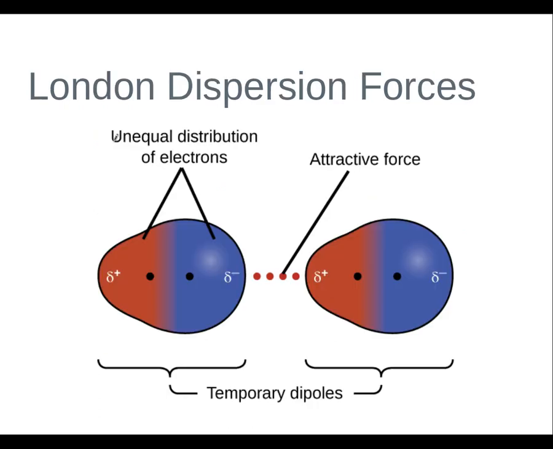But on molecules like that, the electrons do move around randomly, and they create temporary imbalances. So sometime in its existence, H2 might have the electrons totally on one side, making it slightly more negative. That creates a temporary attraction to another molecule.